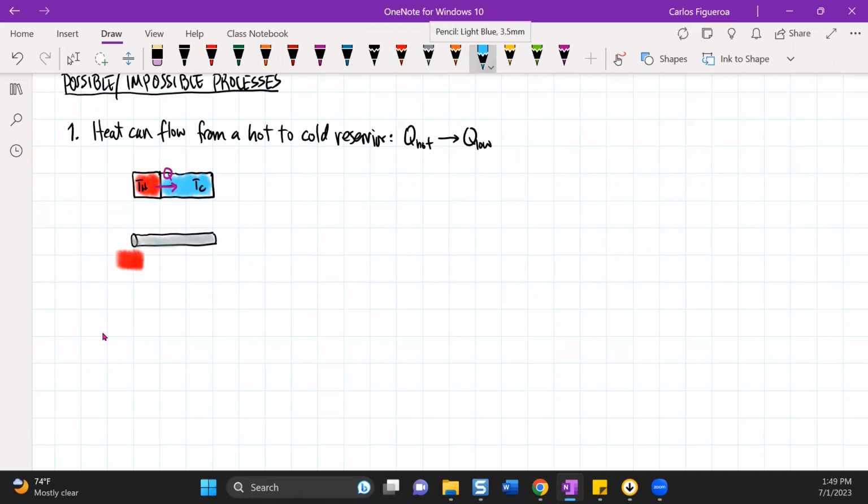And at this other end, I'm going to place ice. So this represents the hot reservoir. And this represents the cold reservoir.